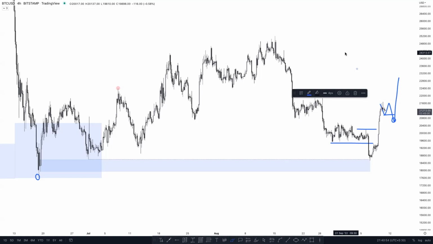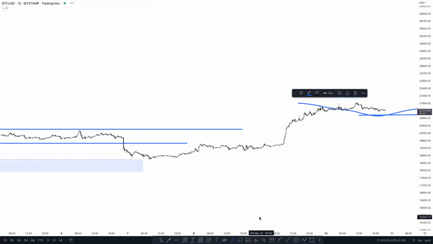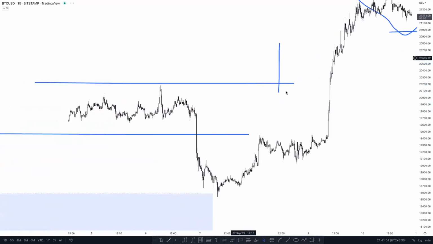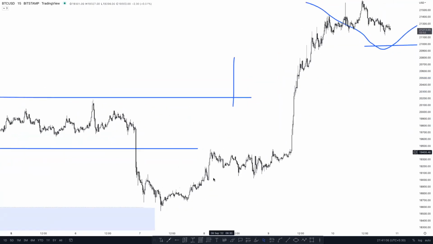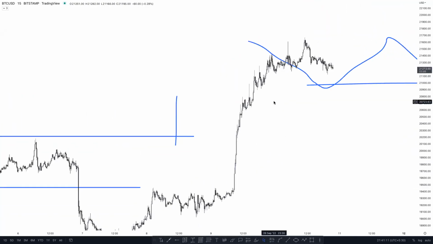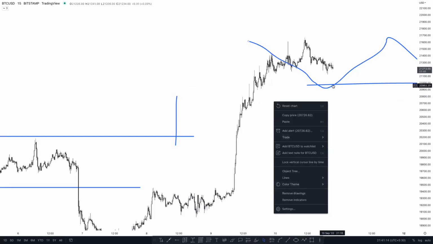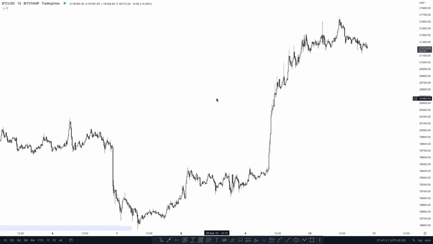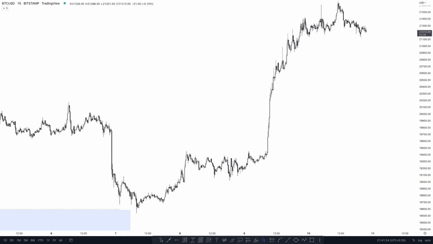All right. Now let's switch back into the 15-minute. 15-minute looks bullish in Bitcoin. If I start marking the structure, a lot of people ask me where we should start marking structure.